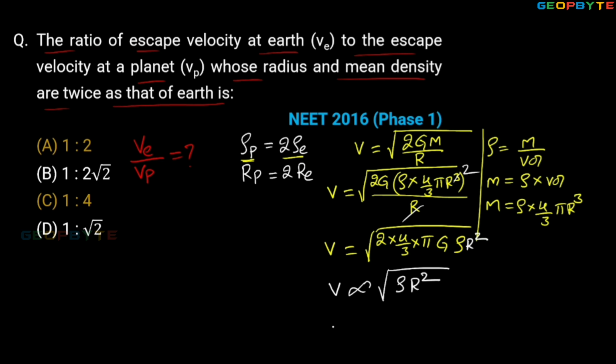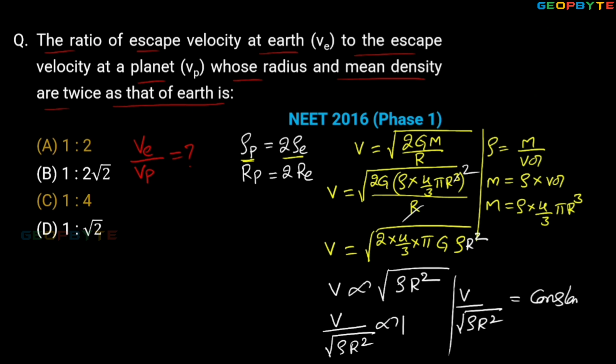From that, I can write that escape velocity divided by root over rho r square is proportional to 1, or the escape velocity divided by root over rho r square is a constant.